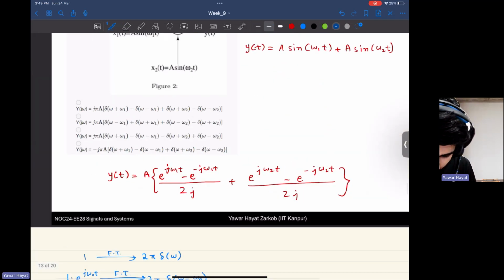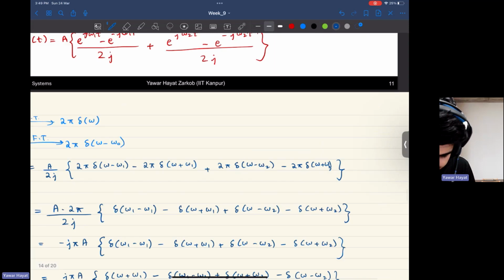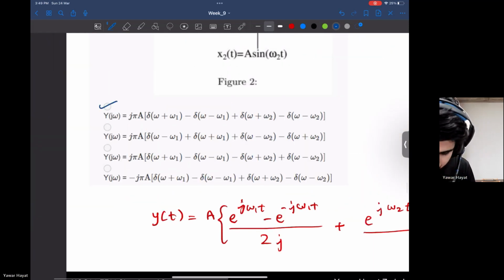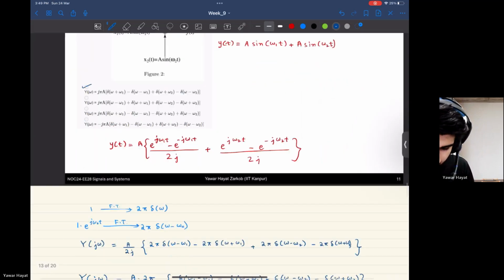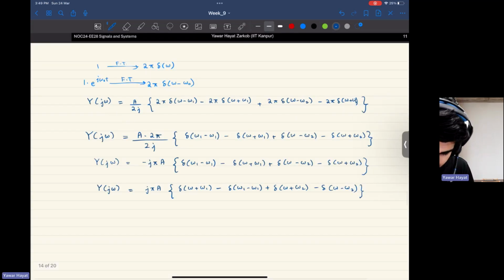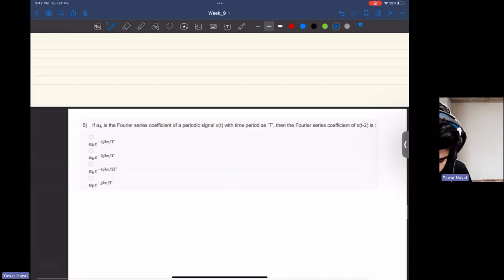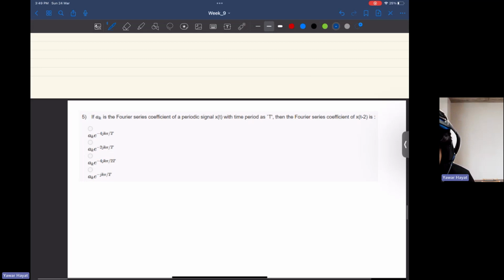So I'm comparing with the options. Our option A is correct, right? That finishes this fourth question. Our fifth question is, if ak is the Fourier series coefficient of the periodic signal x of t with the time period T, then the Fourier series coefficient of x of t minus 2 is.